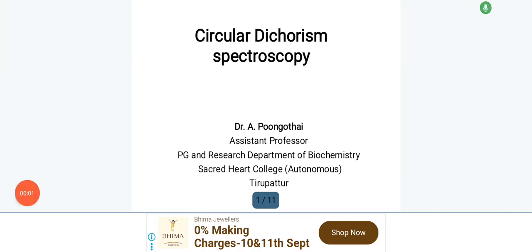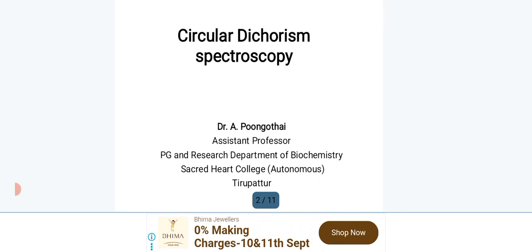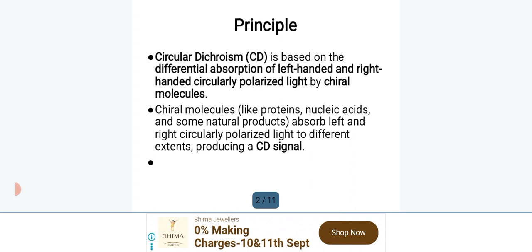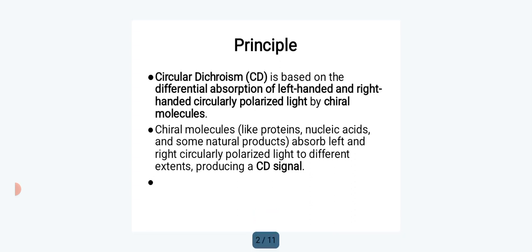Hello viewers, today we are going to discuss circular dichroism spectroscopy. Circular dichroism spectroscopy is based on the differential absorption of left-handed and right-handed circularly polarized light by chiral molecules, like proteins, nucleic acids, and some natural products.